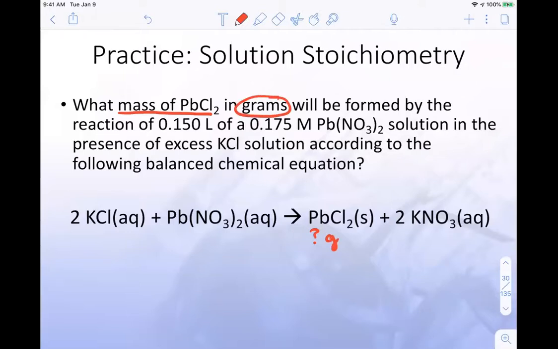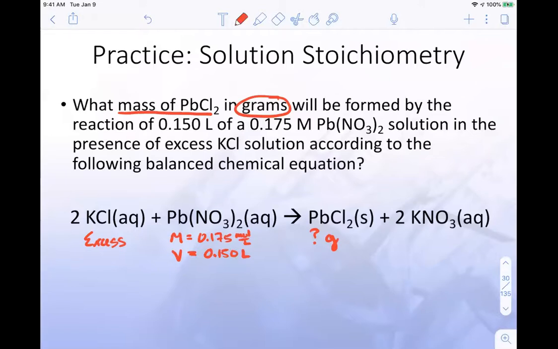And what I know is that I'm going to have excess KCl. And my molarity of my lead nitrate is going to be 0.175 moles per liter. My volume is going to be 0.150 liters of my lead(II) nitrate.